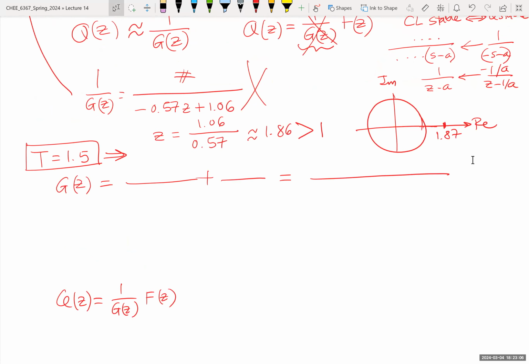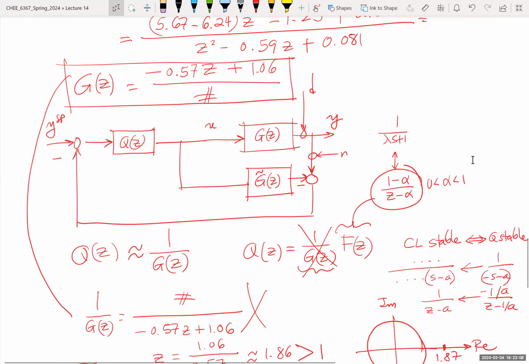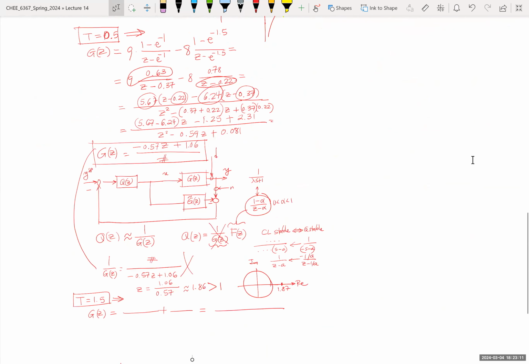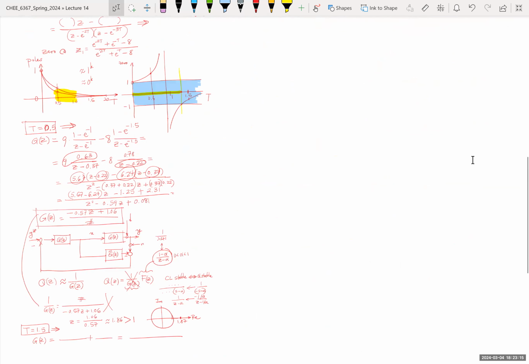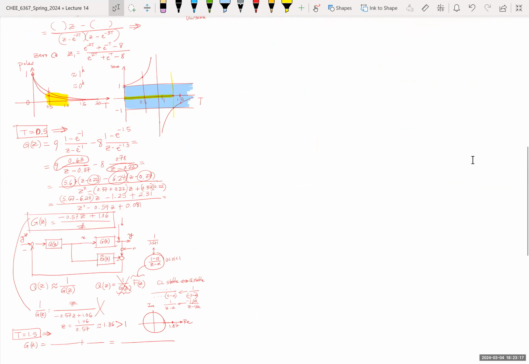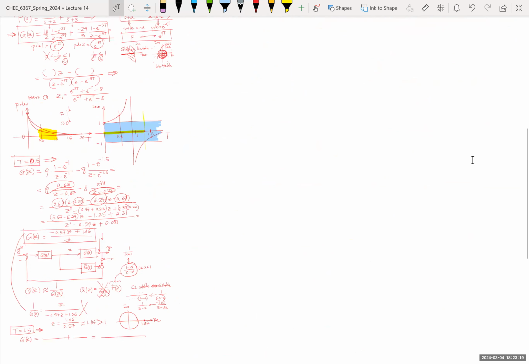So G of Z is, well, I need to make this smaller. So it becomes a little bit messy. So it's this expression here for T equal to 1.5.